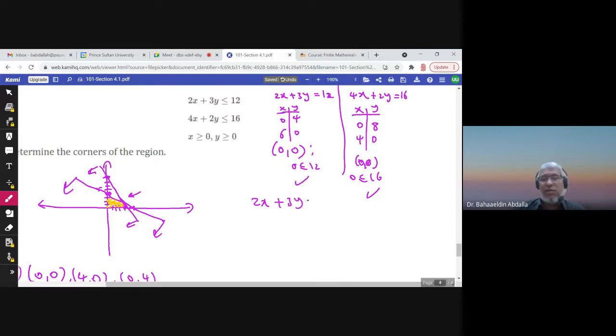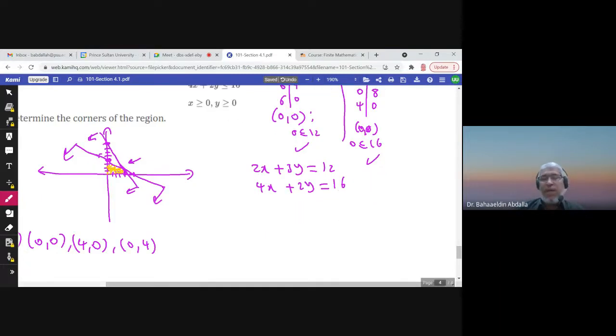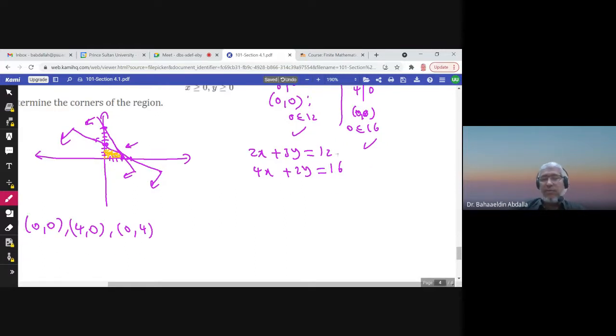2x plus 3y equals 12 and 4x plus 2y equals 16. I can multiply the first equation by negative 2, so I will have negative 4x, negative 6y, negative 24.